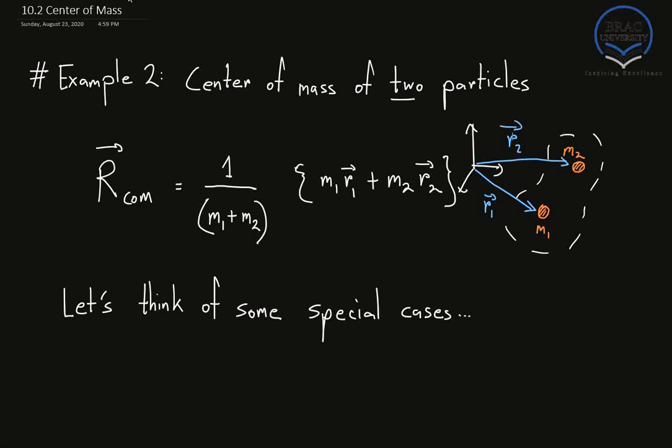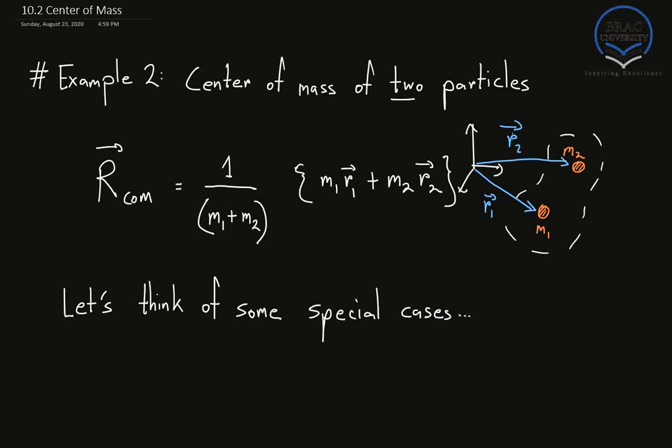To really make sense of what this center of mass means, so far we've only described it as a mathematical object, right? As a definition. But to understand what this is all about, let's think of some special cases.